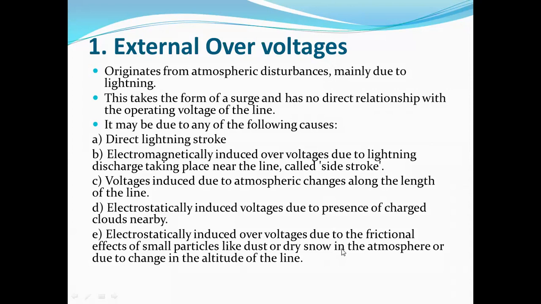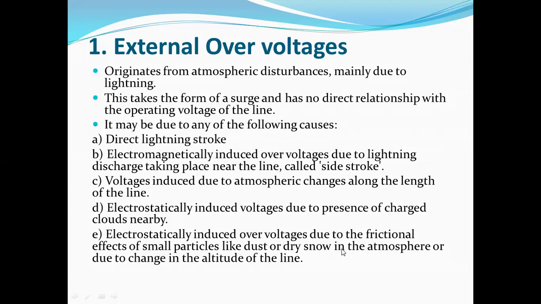Actually, what is happening when we consider the transmission line? There is some distance between these lines, right? Suppose R, Y, and B phases, there are three lines. For these three conductors, the air between them acts as an insulator.